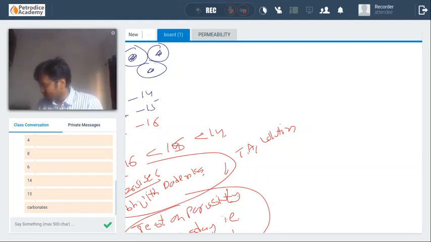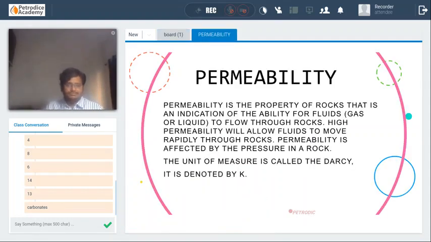So do prepare well for this test, guys. You study from your notes. Okay. And study different books. Gather different knowledge regarding the porosity for that particular exam. Study as many books as possible for porosity.